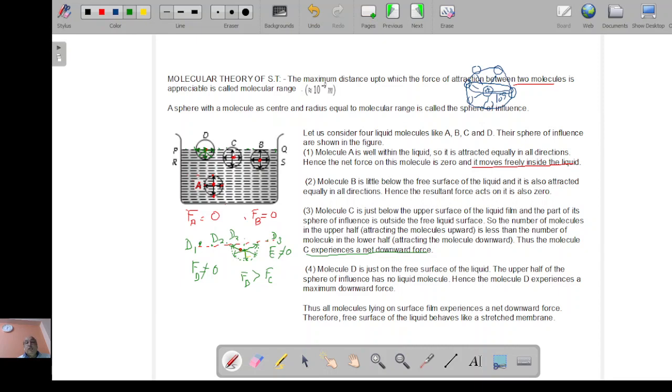So it will make a thin film, that is PQRS. And therefore the free surface of the liquid behaves like a stressed membrane. And that is the molecular theory of surface tension.